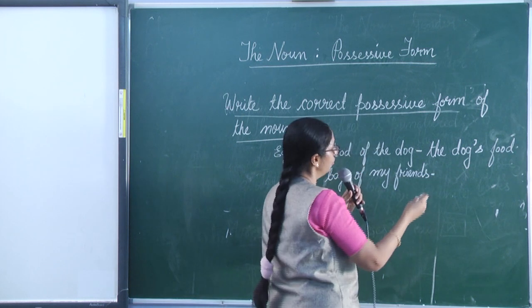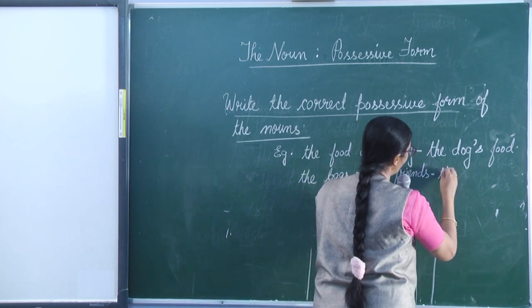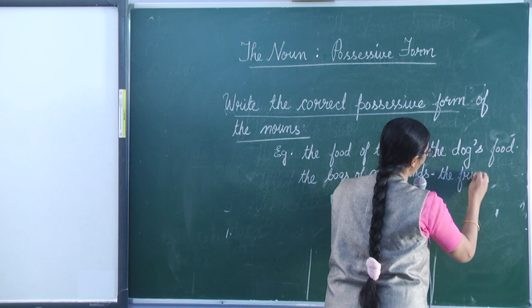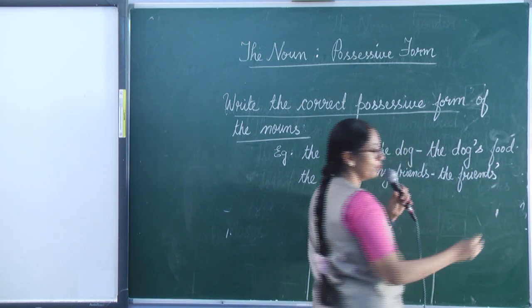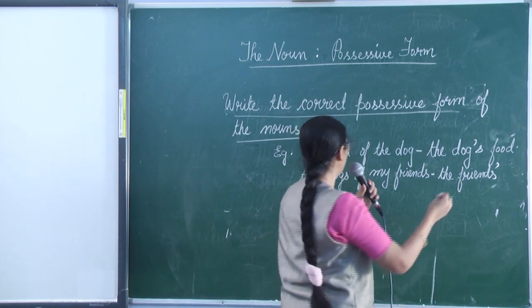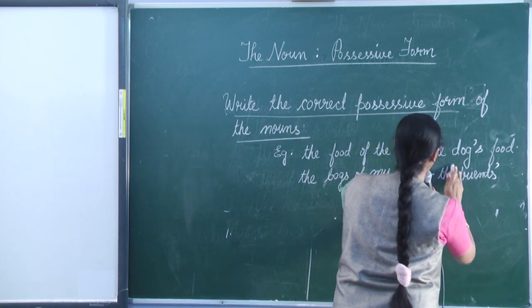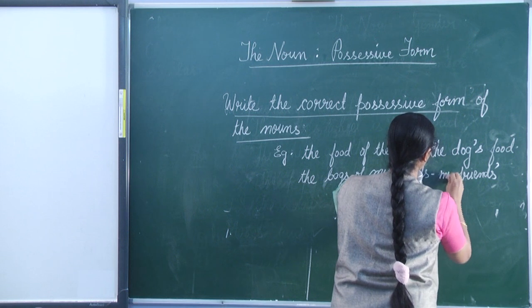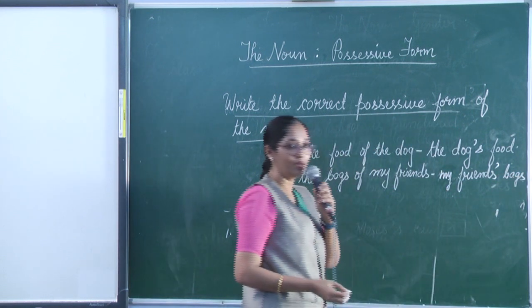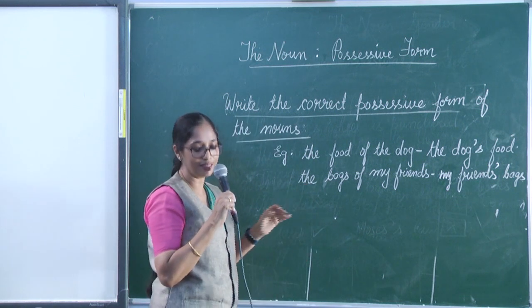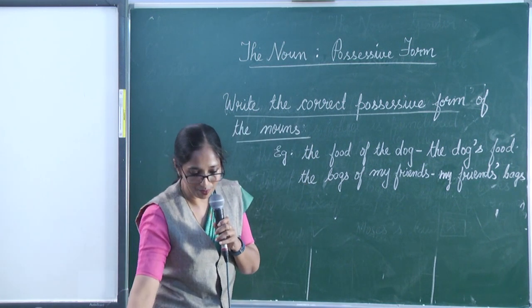Here we are referring to plural, so we'll copy down the plural as such, friends. After friends, we are supposed to put an apostrophe. My friends' bags. Now try to convert the following phrases into possessive form.